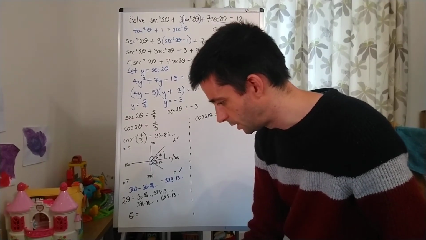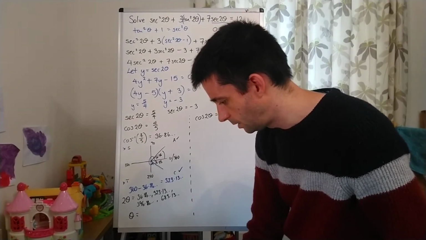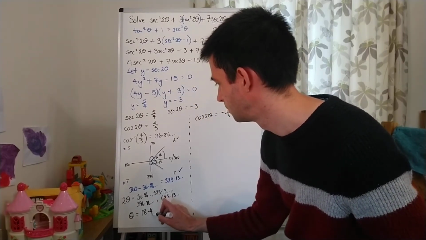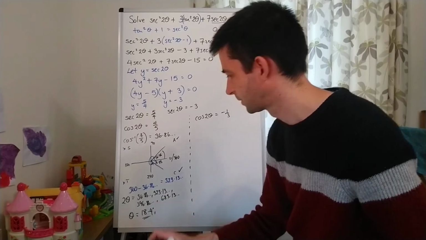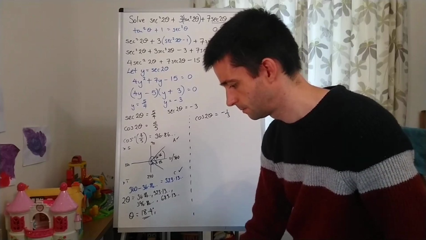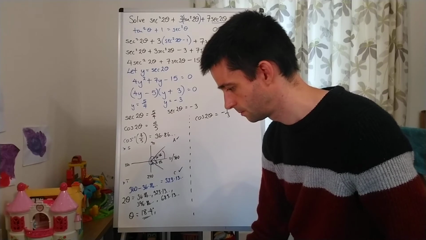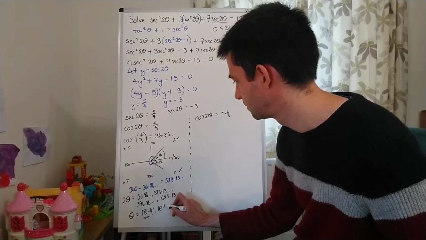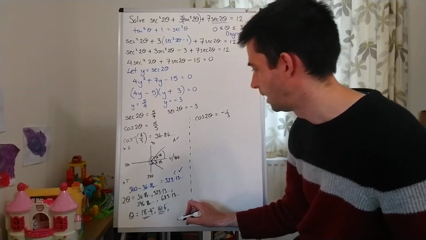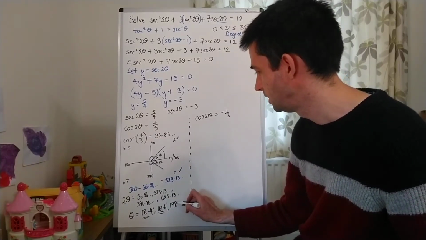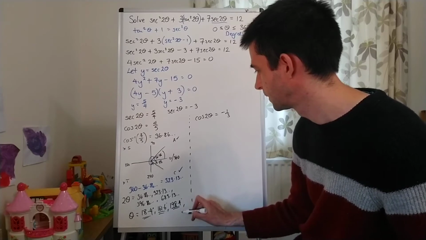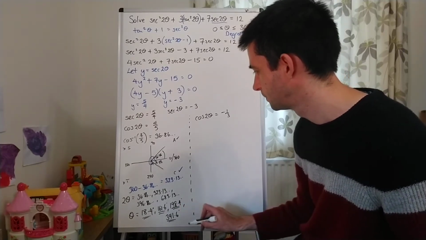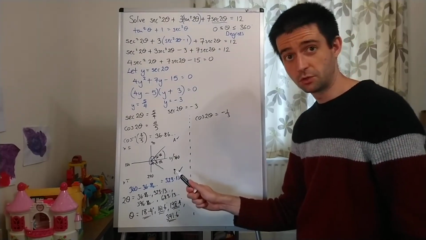Should have got 0.8. Divided by 2, I'm going to get 18.4, 161.6, and therefore I'm going to get 198.4 and 341.6. So 4 solutions from this one.